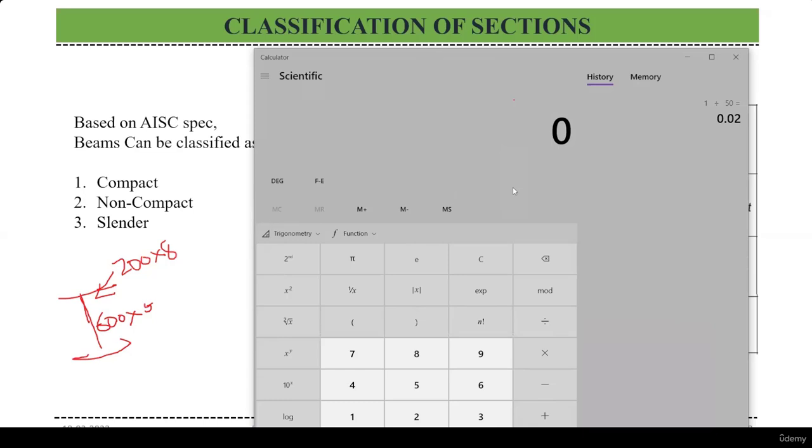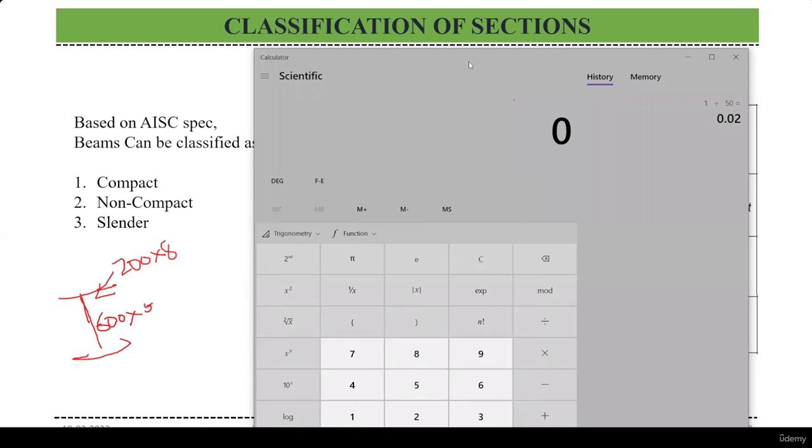According to the code, the minimum we have to use is grade 50 steel, that is 50 ksi, which in Newton per mm square is 345.